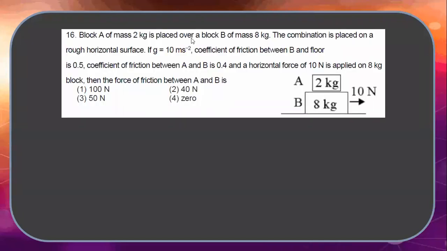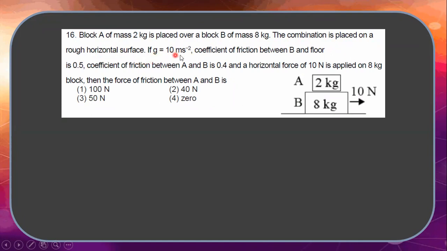A block A of mass 2 kg is placed over a block B of mass 8 kg. The combination is placed on a rough horizontal surface.